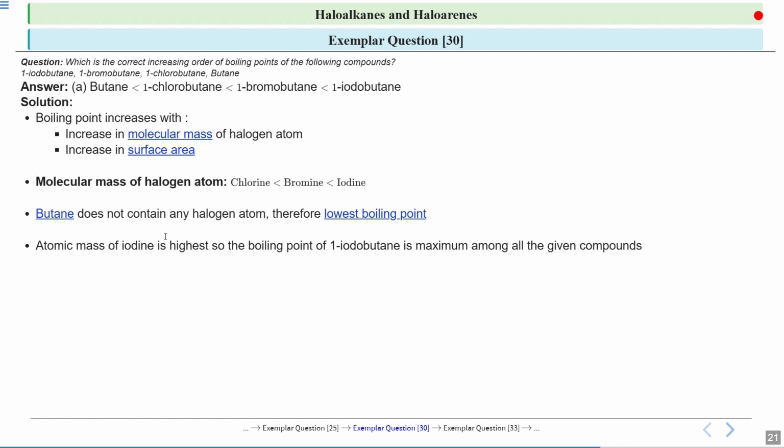The atomic mass of iodine is highest, so the boiling point of 1-iodobutane will be maximum among all the given compounds, and the correct option is A: highest for 1-iodobutane, then 1-bromobutane, then 1-chlorobutane, and the least for butane.